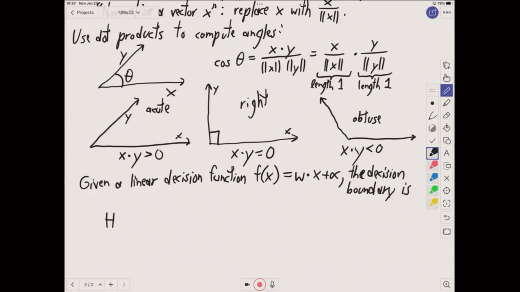I'm going to call the point set capital H. It's the set of all points in d-dimensional feature space such that the inner product of w with x is minus alpha. So the reason I used the letter h is because this set of points, H, is called a hyperplane.